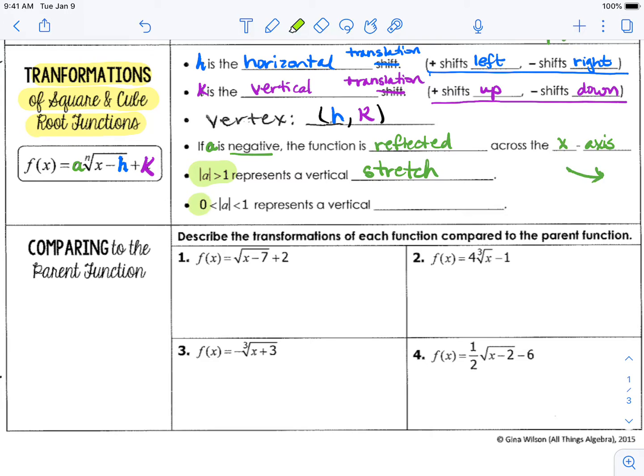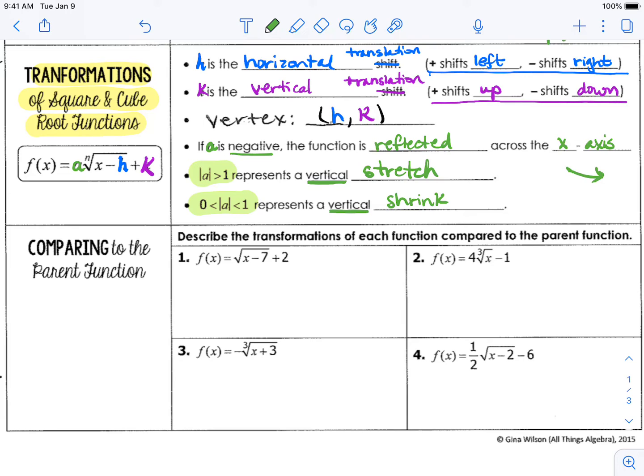And for all my A's that are between 0 and 1, it's going to shrink. It's important that we use the word vertical because there is a horizontal thing, and we're not talking about that right now. In your online homework, they'll specifically ask for vertical or horizontal, and A represents your vertical stretch and shrink.